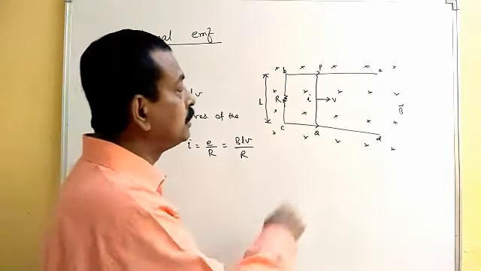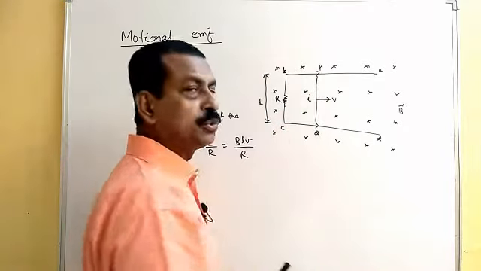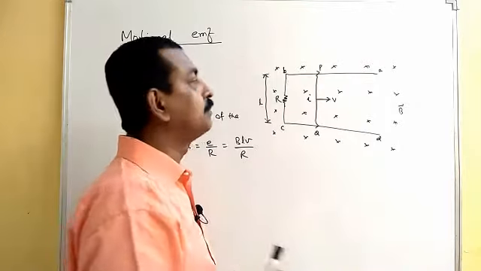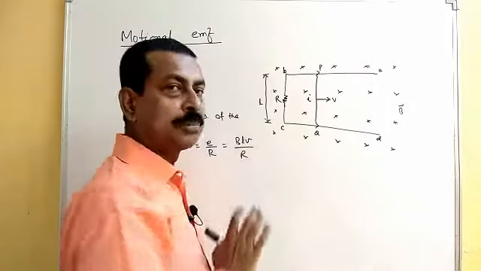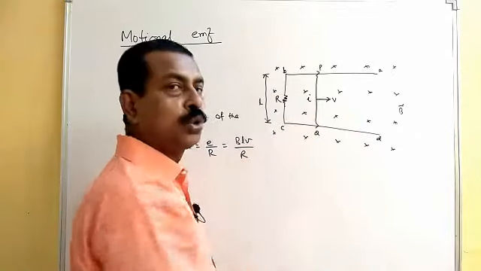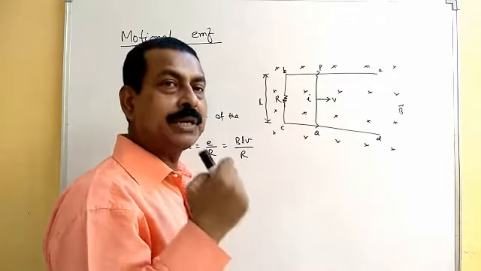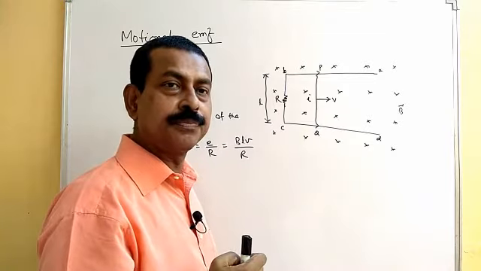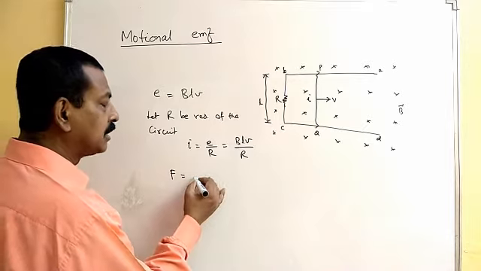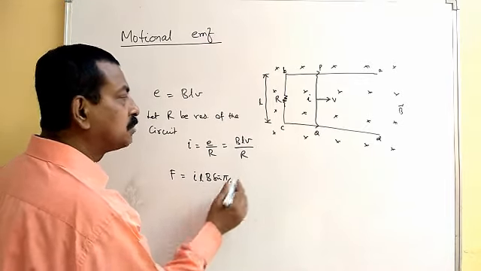Now, here we have the conductor, say PQ of length L, moving in the region of magnetic field. The EMF developed we have obtained. Now we have seen that it will have current because it is a closed loop. And if it is a closed loop and the current I is flowing, definitely it will experience force. So the force which is experienced is given as ILB sin theta, where theta is the angle between the current and the magnetic field.